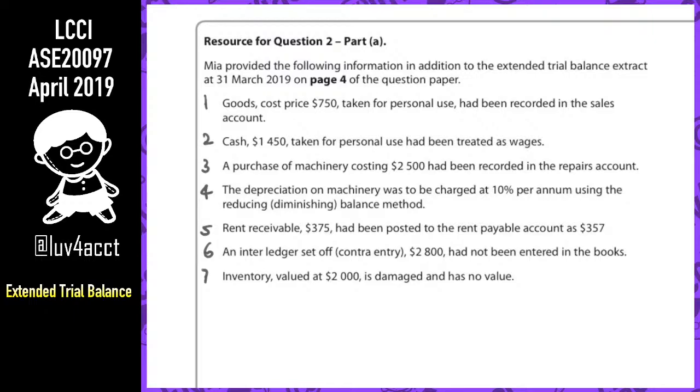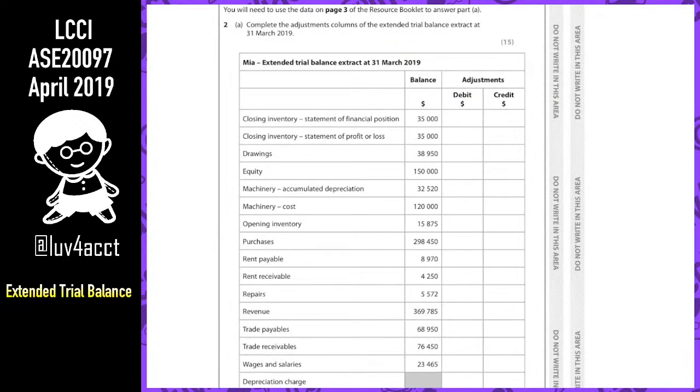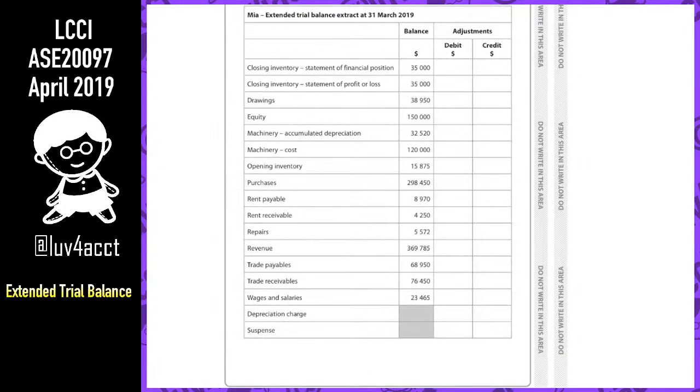It is not mentioned whether it is put in the drawings account or not. I suppose it has, because drawings is on the debit side, so you have put it in the sales account, which is a credit entry. That means only the credit entry is incorrect.